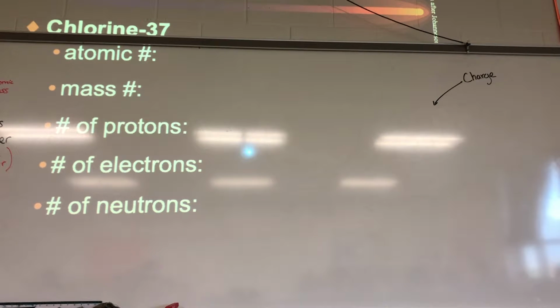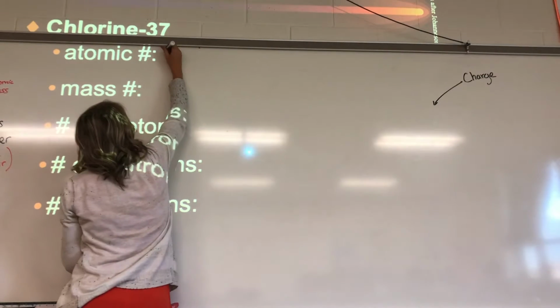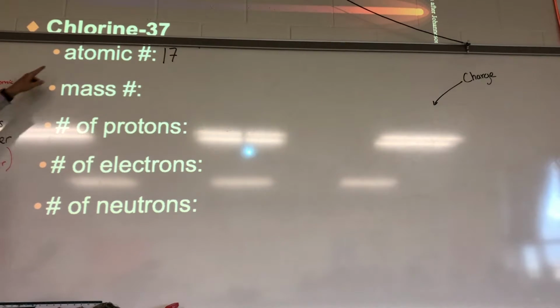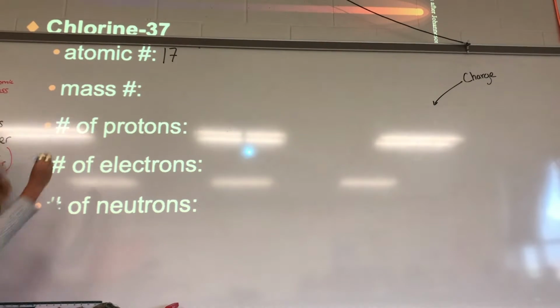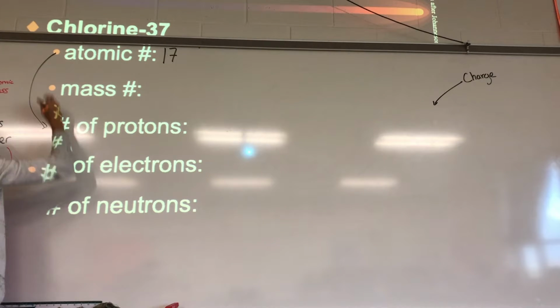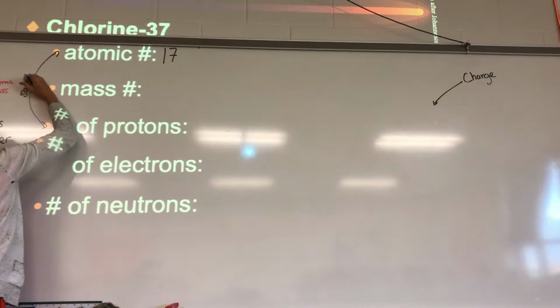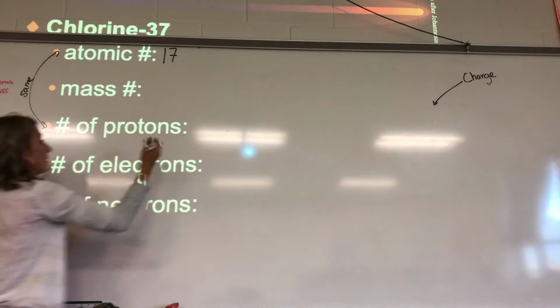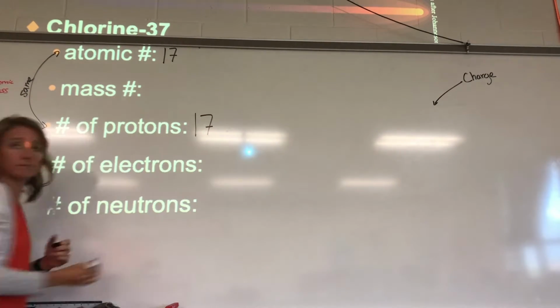So how do I find the atomic number? 17. Very good. So chlorine has an atomic number of 17. Once I found it, this is a 2-for-1 deal, because these two things are always the same. So if you know the atomic number, we know the proton number.